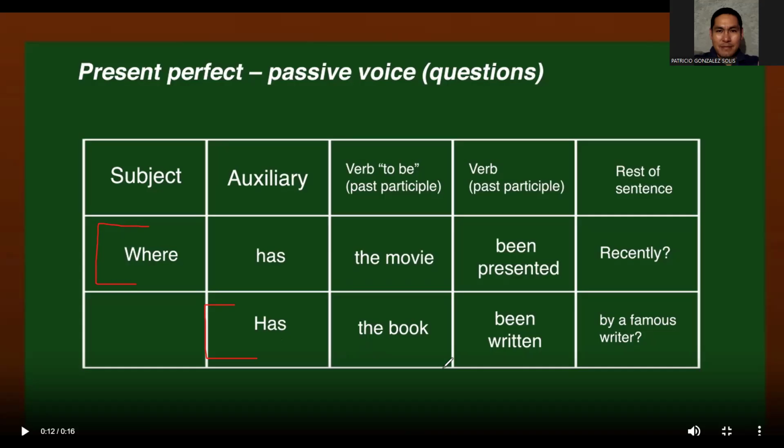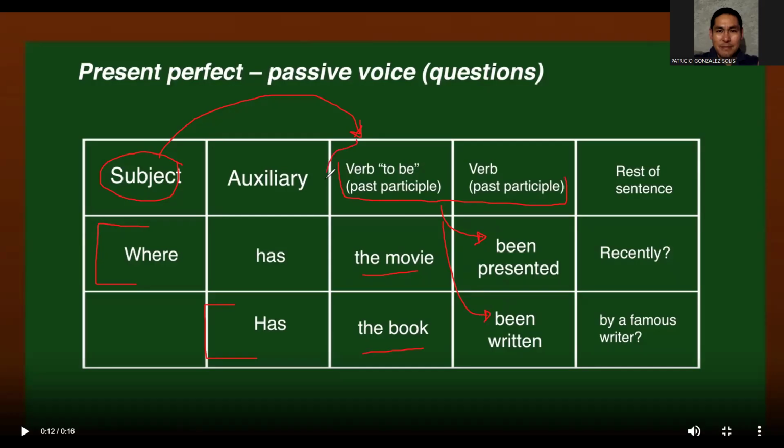Great, my dear Ellie. And let me clarify, my dear students. In this case, the subject goes here in the center, because it is the movie and it is the book. And the verb to be and the verb in past participle, they are here together, in both cases.